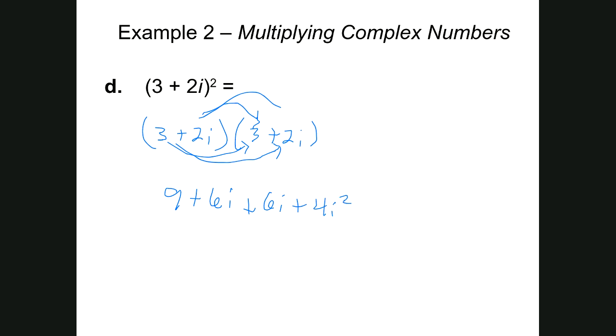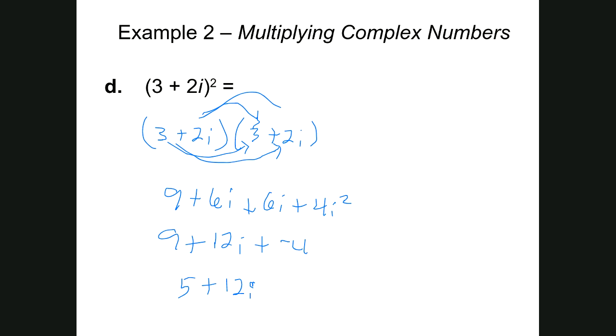Okay, so that's going to be 9 plus 12i plus, well, 4i squared is negative 4, isn't it? That's a negative 1. 4 times negative 1 is negative 4. So that becomes 5 plus 12i. Multiplying complex numbers, you just have to do just like you normally would multiply, but be very careful. Whenever you have an i squared, that is negative 1.